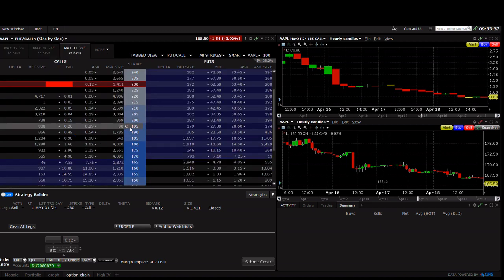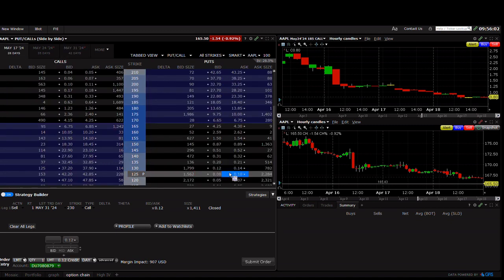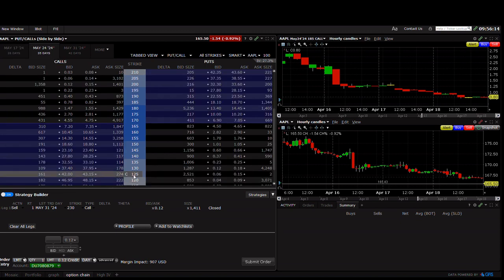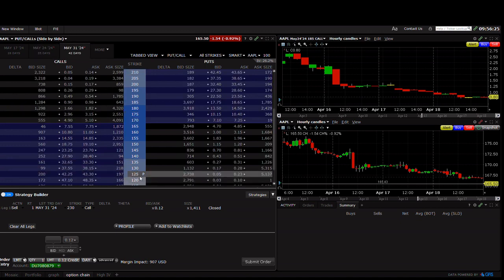Just to give you an idea, we talked about the 125 strike price. A 125 strike price put option costs $10. If you look at the 24th expiry, for the same strike price 125, it's $15. After 42 days, for the same strike price 125, it is $23.